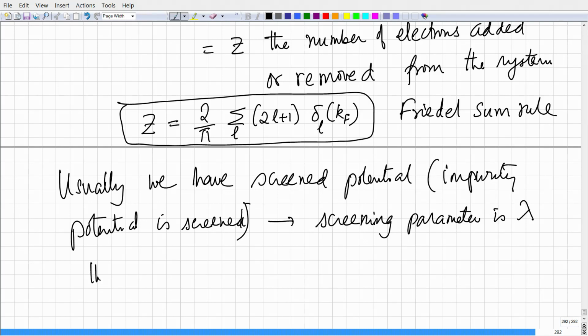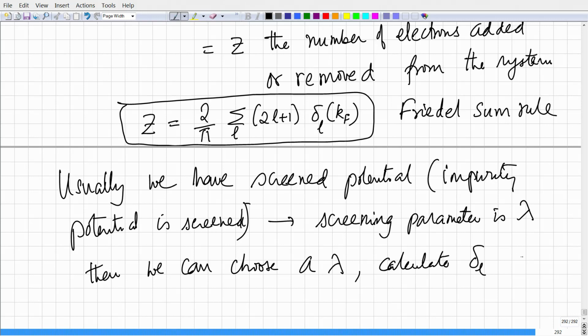Then we can actually fix lambda in an interesting way. We can choose a lambda, then calculate phase shifts and check if it satisfies the sum rule.